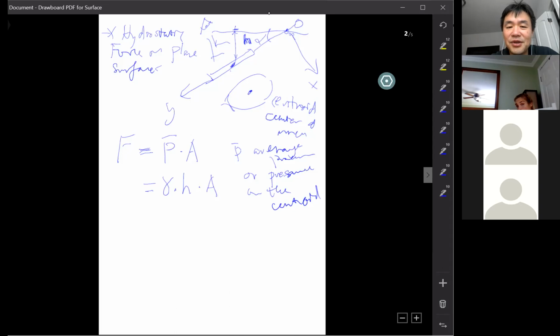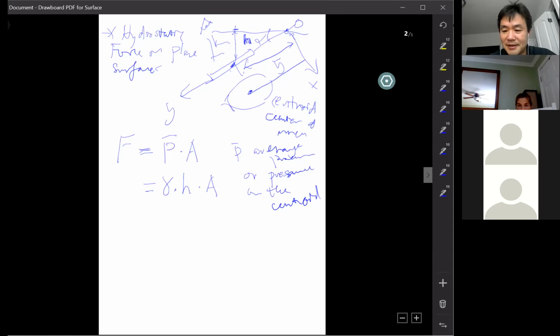Let's say I give you the distance between the centroid and the surface, called y bar. In the textbook, we introduced the y bar here.